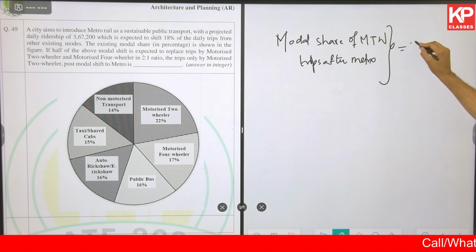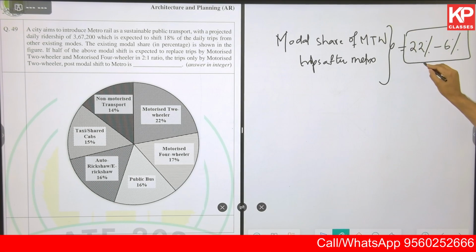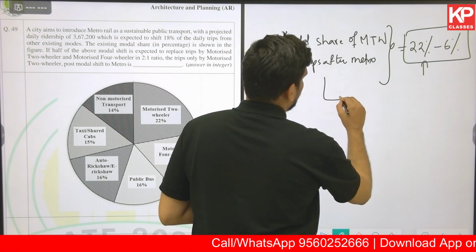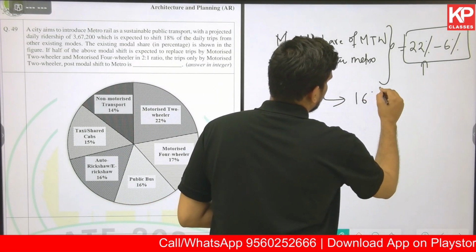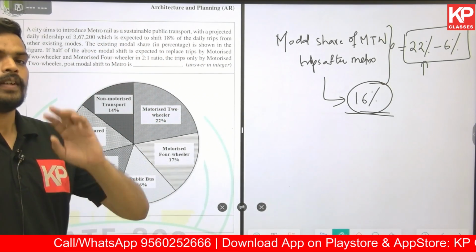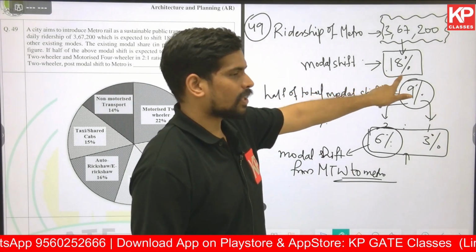That is going to be 22% minus 6%. There's a fall of 6% ridership who are shifting to metro. So 22 minus 6 comes out to be 16%. So 16% of the overall trips will be the answer. But we need to know the overall trips. To find out the overall trips, we have this information.